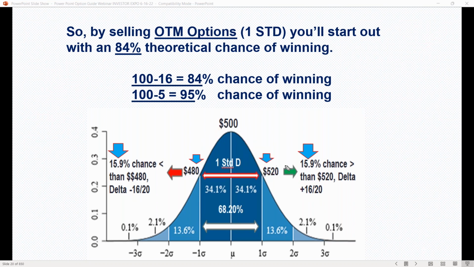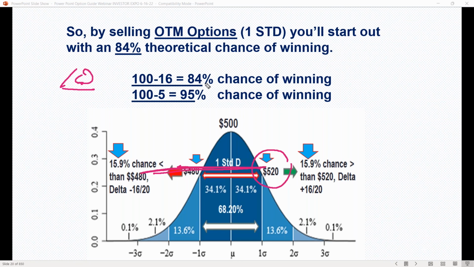In this example, if you sold that 520 strike with that 16 delta, the reciprocal is that you've got an 84% probability that price will be below 520 at expiration, whether that's 10 days or 20 or whatever it is.